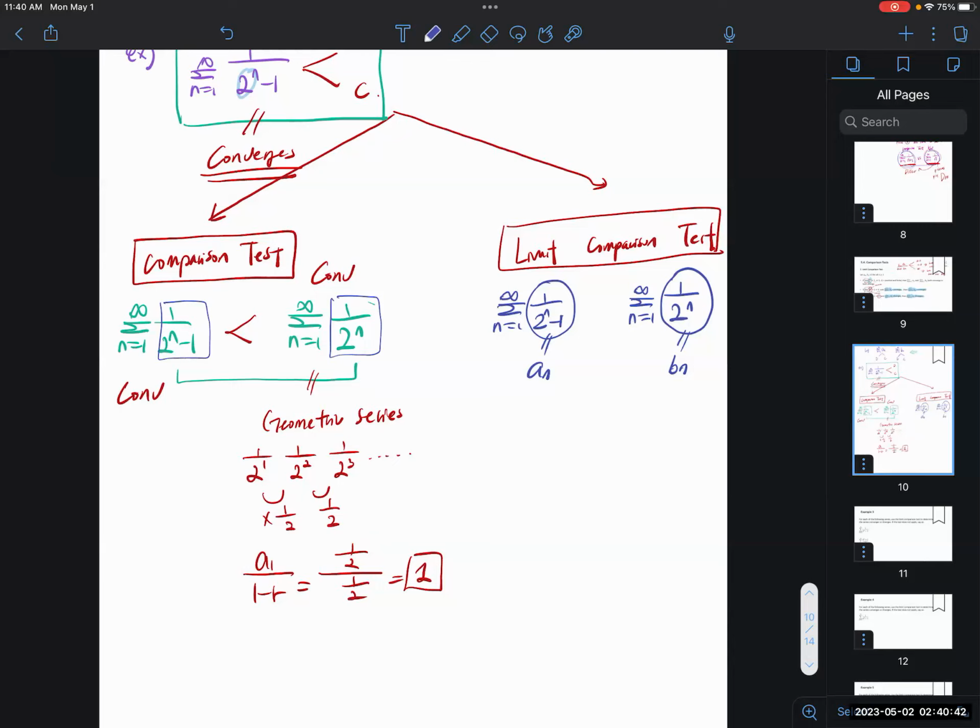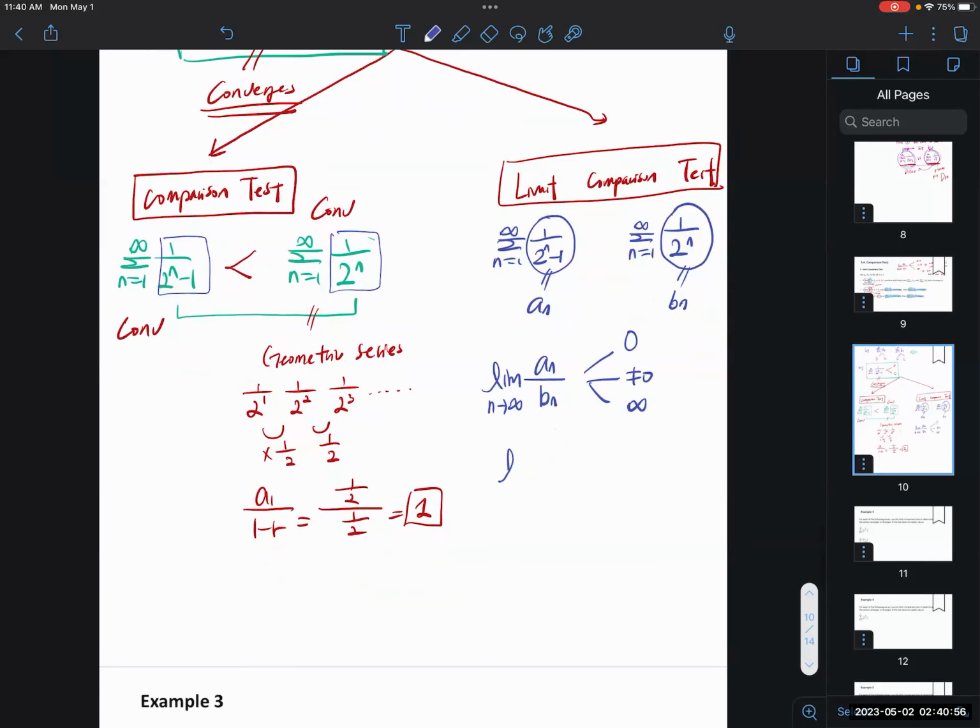So now what I'm going to do, according to the limit, we can use the limit of an over bn. I'm checking whether it is equal to 0 or not equal to 0 or infinity. So limit as n goes to infinity, an is 1 over 2 to the n minus 1, over bn, 1 over 2 to the n. I know, looks ugly.